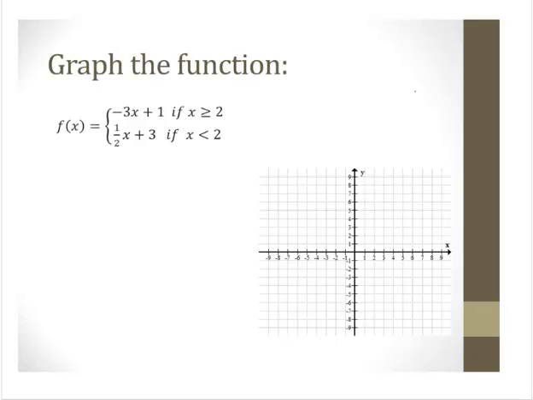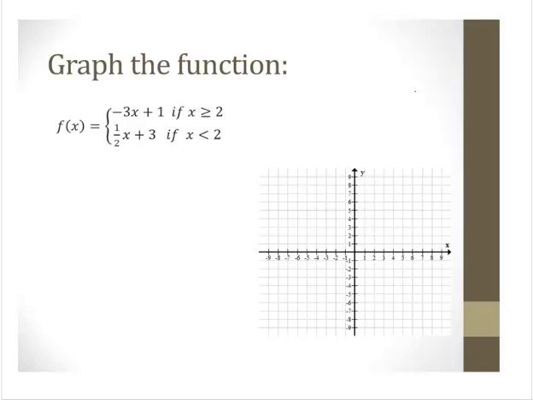Alright, so let's graph the function. This is a piecewise-defined function. f of x is equal to negative 3x plus 1 if x is greater than or equal to 2, and it's equal to 1/2 x plus 3 if x is less than 2.